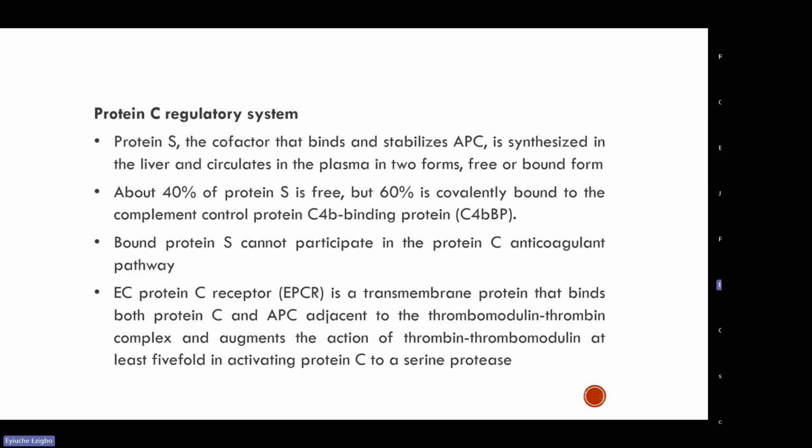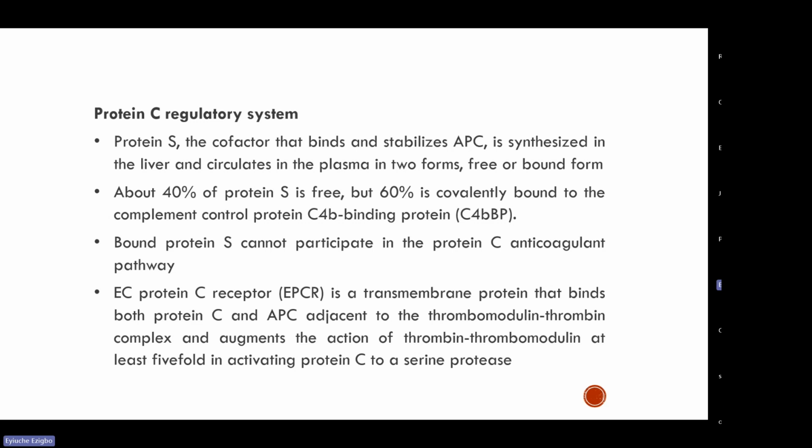About 40% of protein S is free, but 60% is covalently bound to complement and control proteins. Bound protein S cannot participate in the protein C anticoagulation pathway.